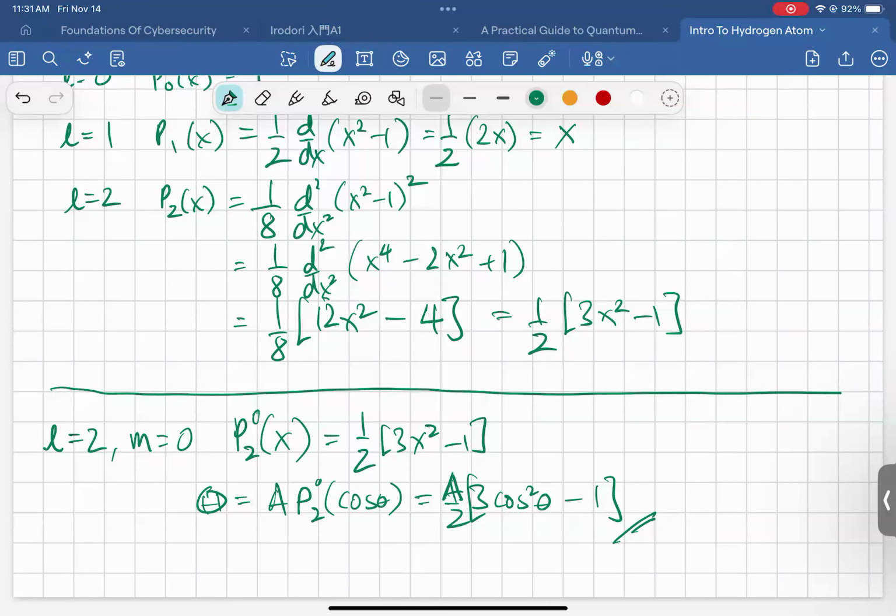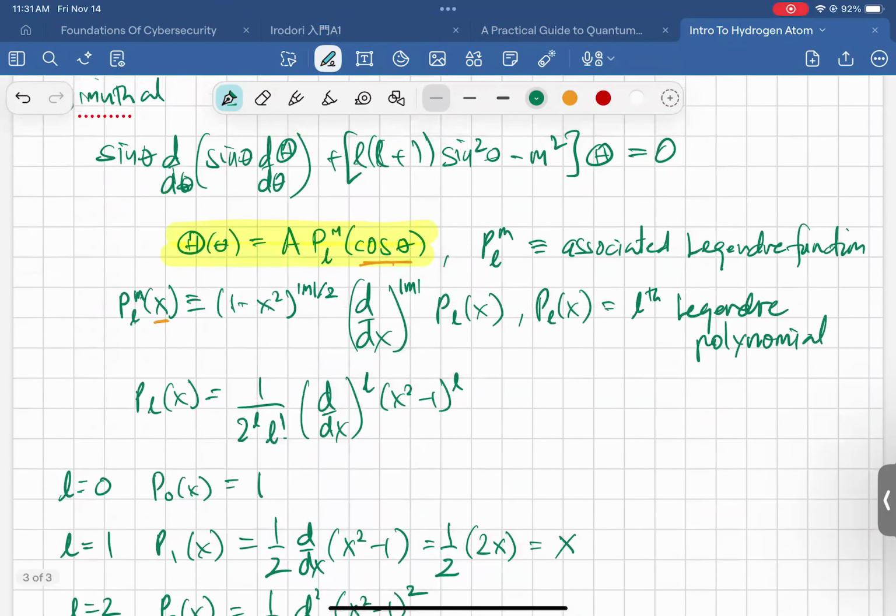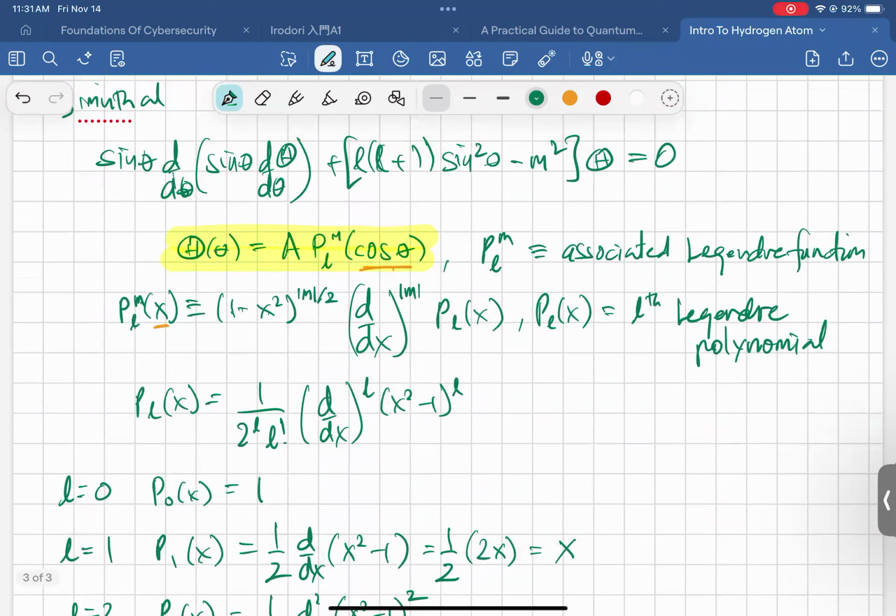Now, sinasabi ko na state ito kasi kung papansinin niyo, ginagamit natin ng values ng L ay integer values lang din. Now, bakit integer values lang? Of course, mathematically, hindi naman tayo pwedeng mag-take ng derivative ng non-integer values, right? So parang mathematically that doesn't make sense.